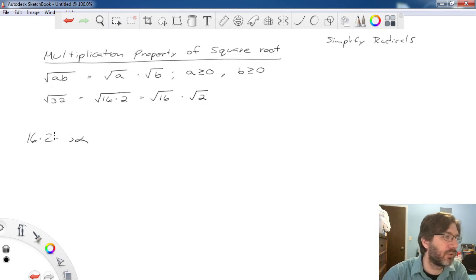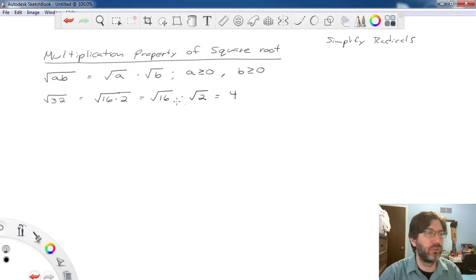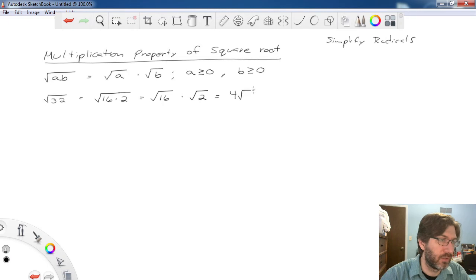In doing so, you can solve part of this, because the square root of 16 equals 4. You don't know what the square root of 2 is, it's some irrational number, so we just tack it on at the end. So the square root of 32 is the same thing as 4 times the square root of 2.